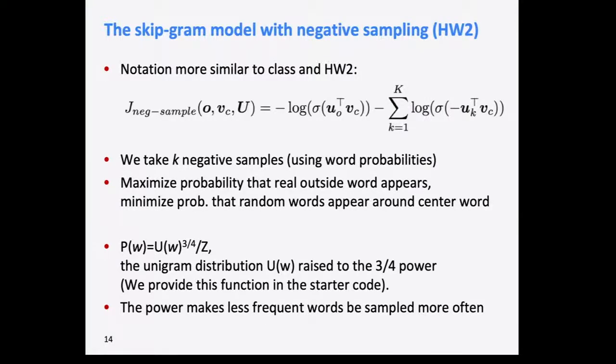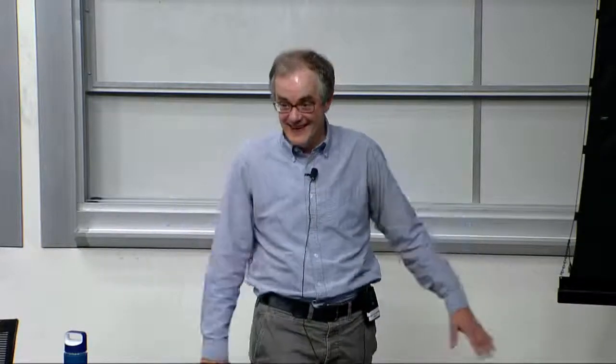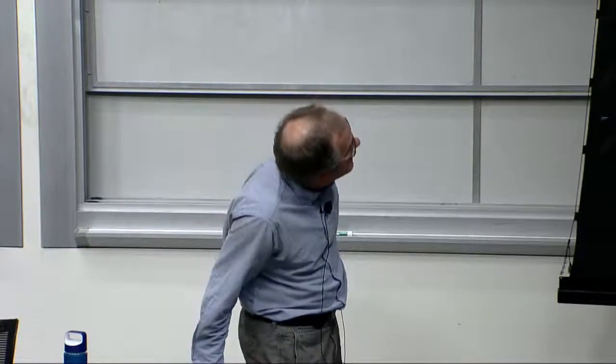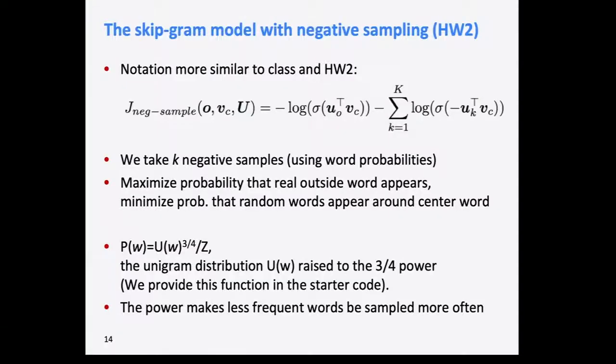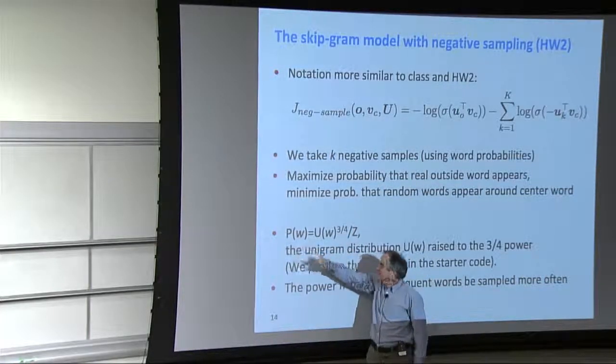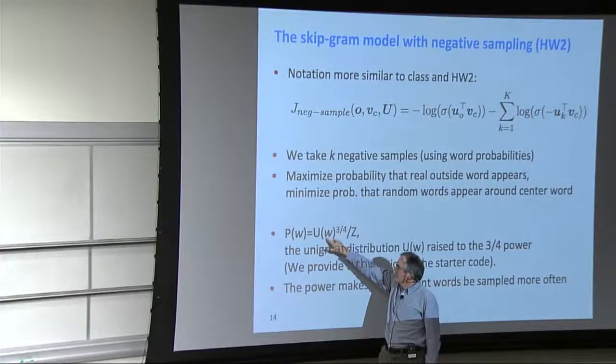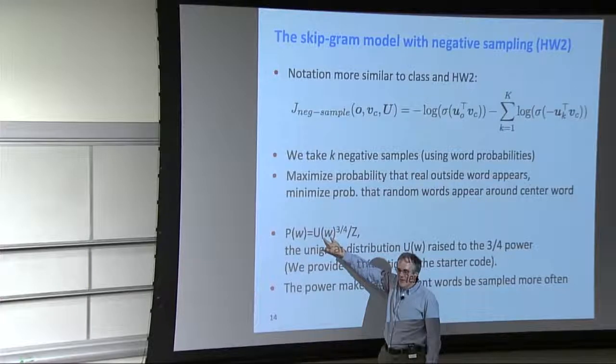Anyone have any lasting questions? Yes? This is, sorry, Z, that capital Z is often used as a normalization term. And so this is saying, well, if you want the probability distribution of words, you work out this 3/4 power of the count of the word for every word in the vocabulary.